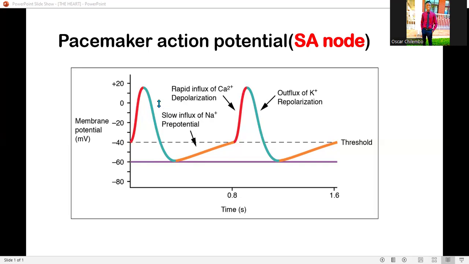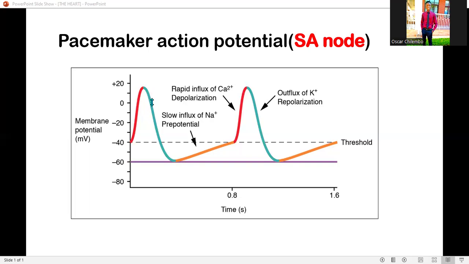What really happens in repolarization is the opening of potassium voltage-gated channels. Remember, potassium movement is always out of the cell.